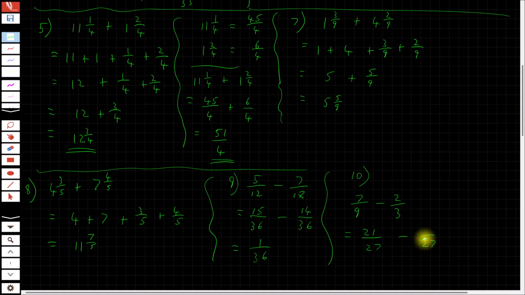To get the 27 here, we multiply 3 by 9. So we do the same to the top, 9 times 2 is 18. 21 take away 18 is 3. Which is equal to 3 into 3 goes once, 3 into 27 goes 9 times.